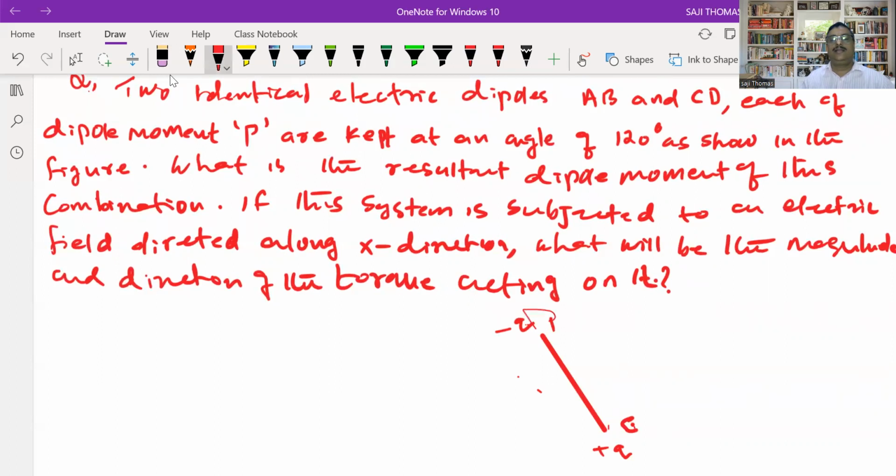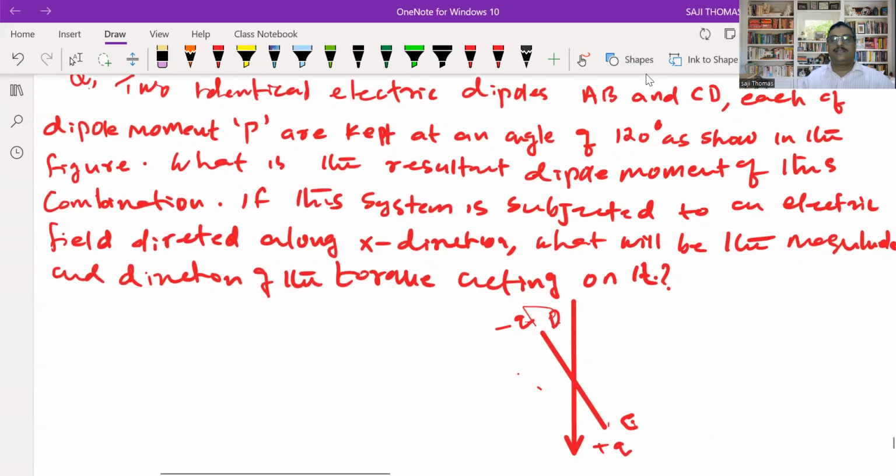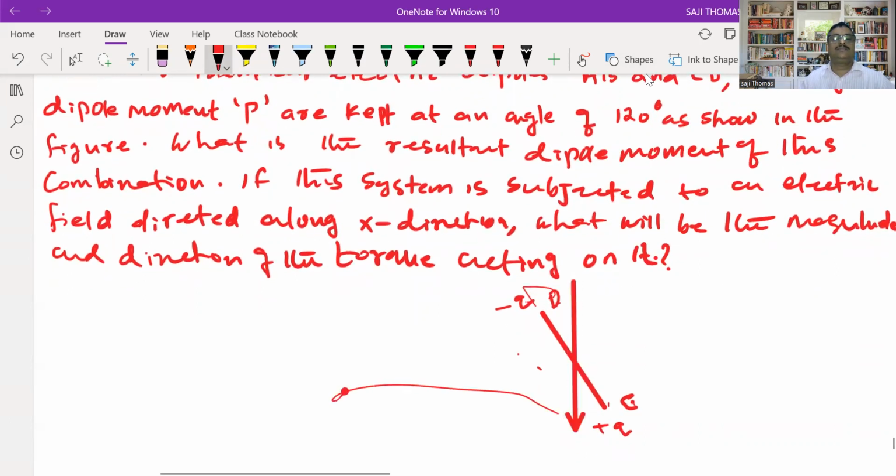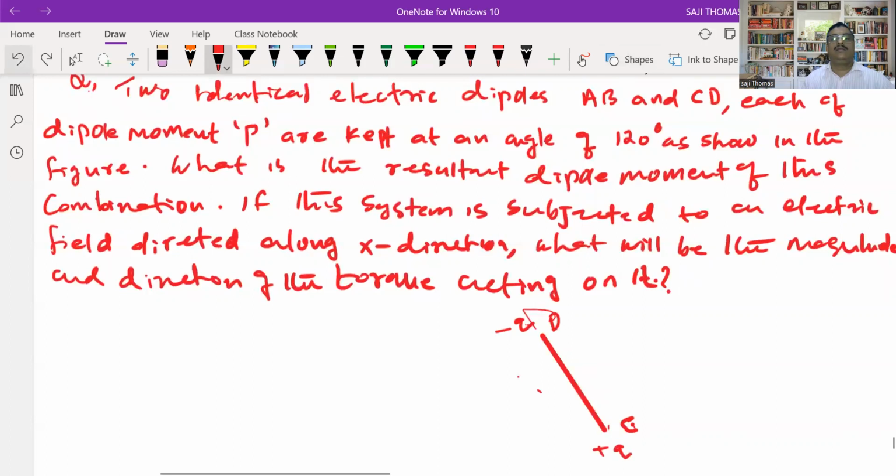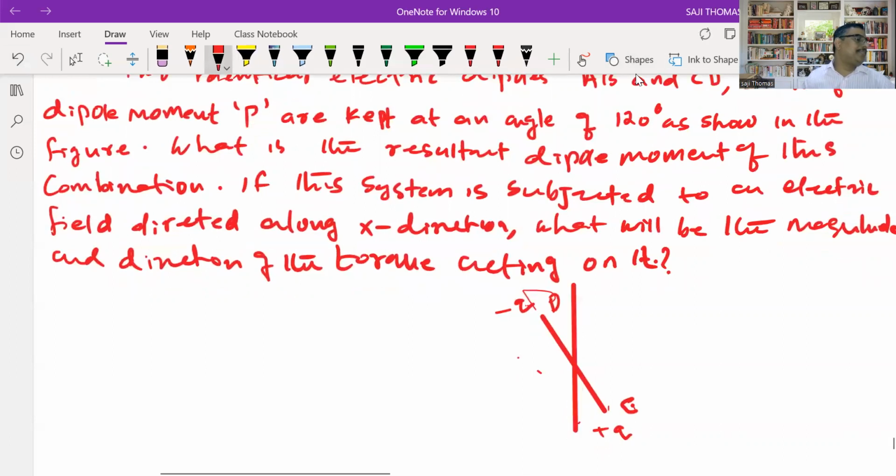One more dipole is given, that is kept like this. This is AB.